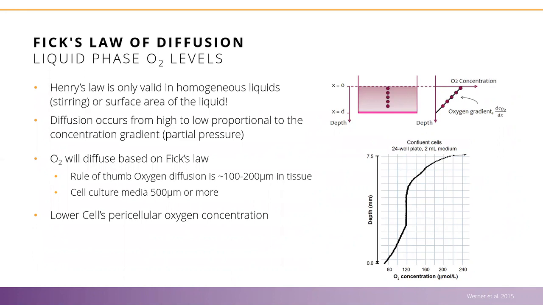Due to the amount of cells, you can see that there is a steep gradient at a certain point, basically sucking the oxygen in the higher layers of the media down to the cells. As a side note, CO2 has a higher solubility, so there is no impingement there for CO2 not being able to saturate the whole media.